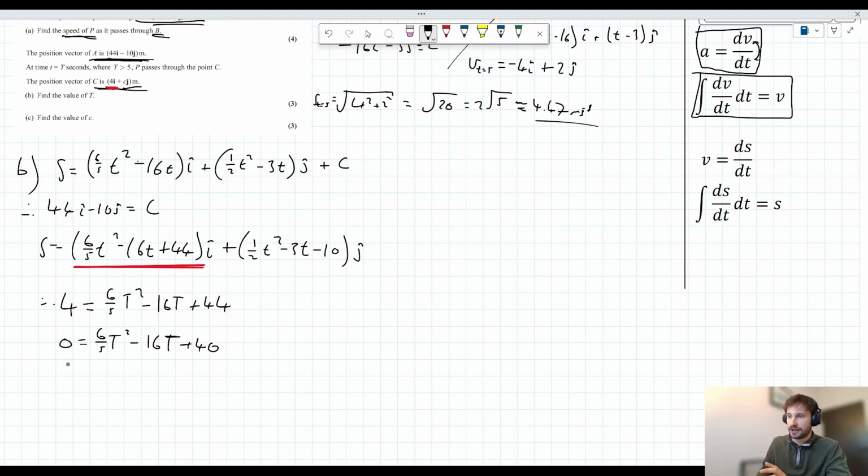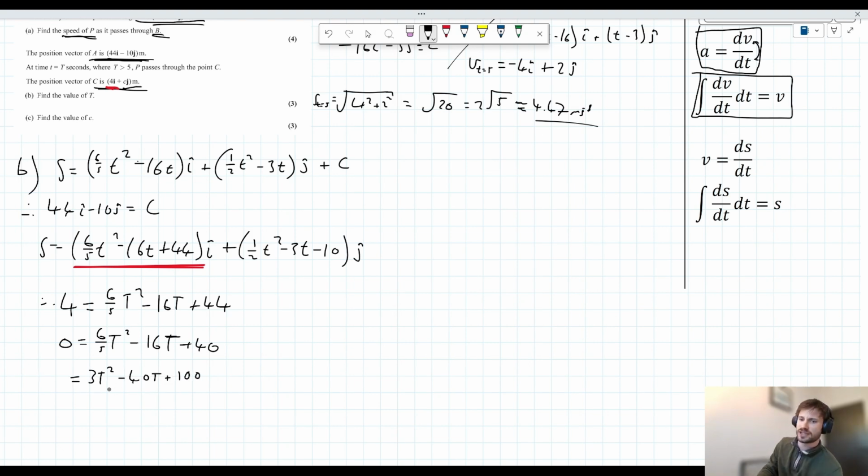Now, when we rearrange this, let me just check my notes here. We can simplify it down to something like 3 capital T squared minus 40T plus 100.